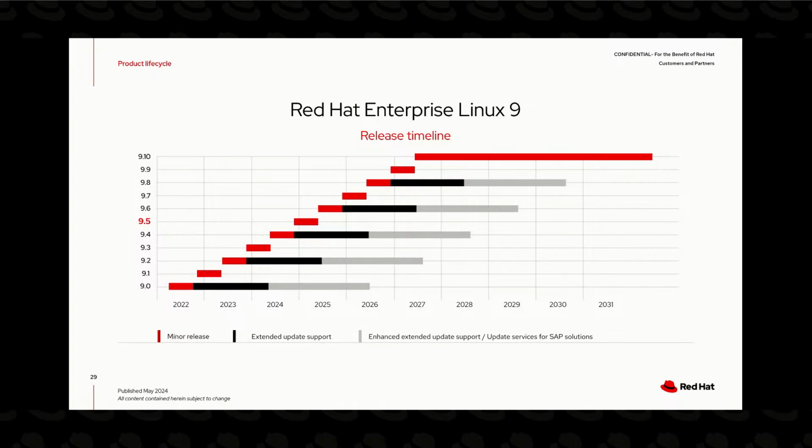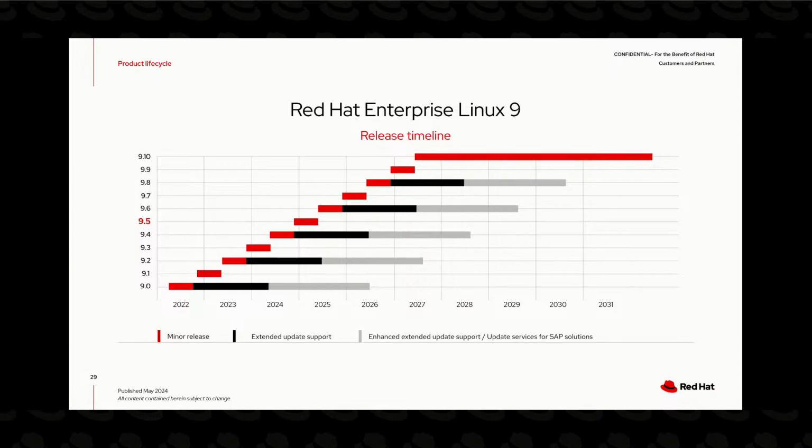If you have either of those add-ons, you can stay on 9.4 for another 18 months if it's the extended update support add-on, or another 3.5 years if it's the enhanced extended update support add-on, where during those extended update support periods, you get critical and important security errata targeted for that dot release.